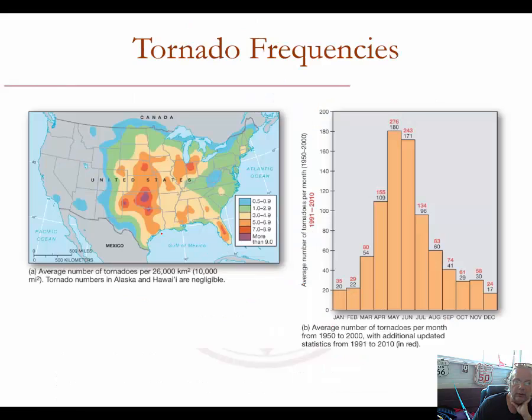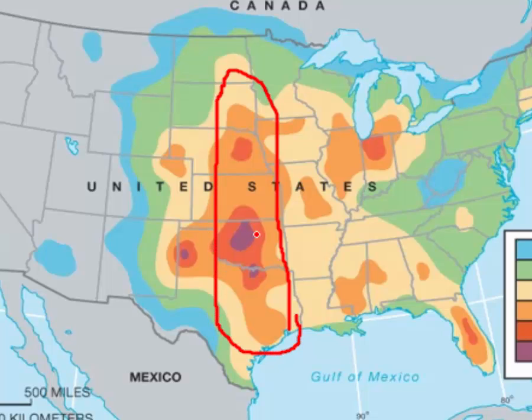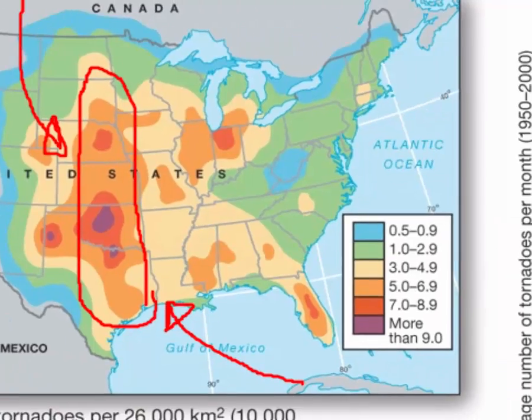Most of the tornadoes in the United States occur in what is called Tornado Alley, here the Central Plains states, focused on Oklahoma, and that's because there is a frequent clash, especially during the spring, between warm air coming up out of the Gulf of Mexico and cold air that has come down out of Canada, that continental polar.